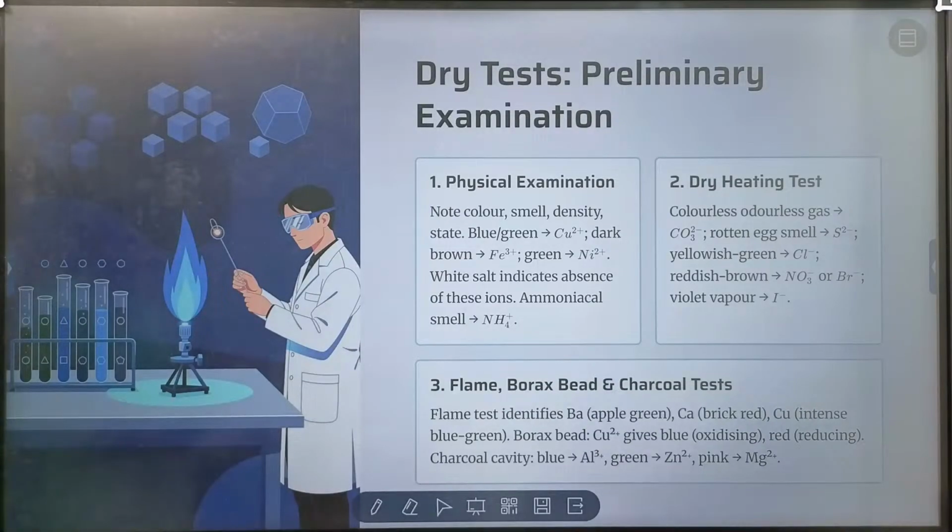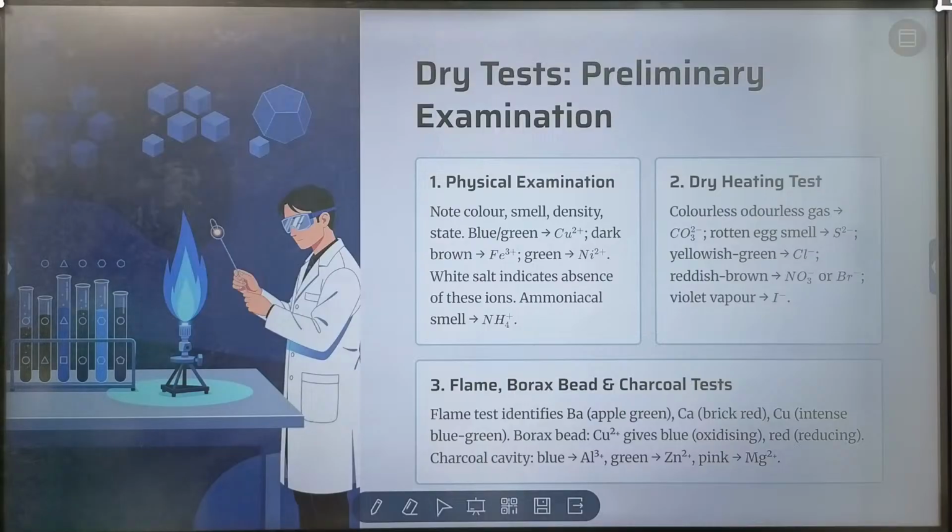And in your syllabus you have very few cations and anions. In this test, if you mix your salt with boric anhydride, it will form metal metaborate, which is M(BO2) twice. That metal metaborate gives the characteristic color in the oxidizing and the reducing flames.